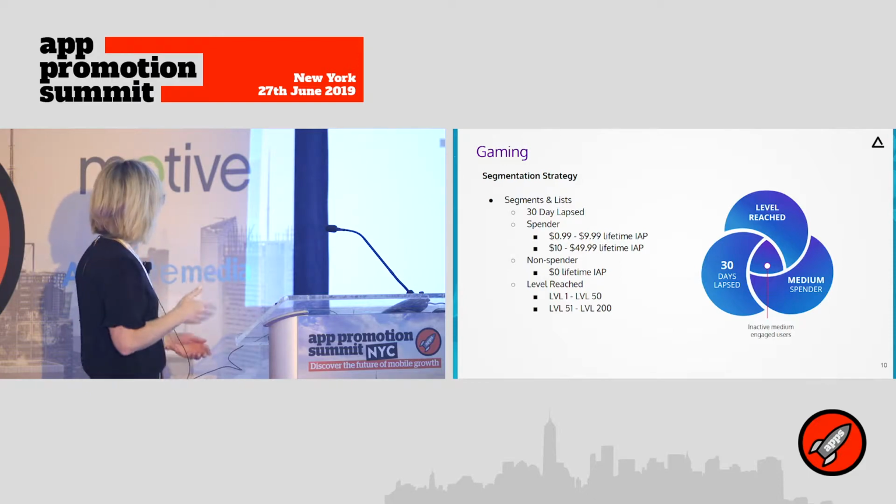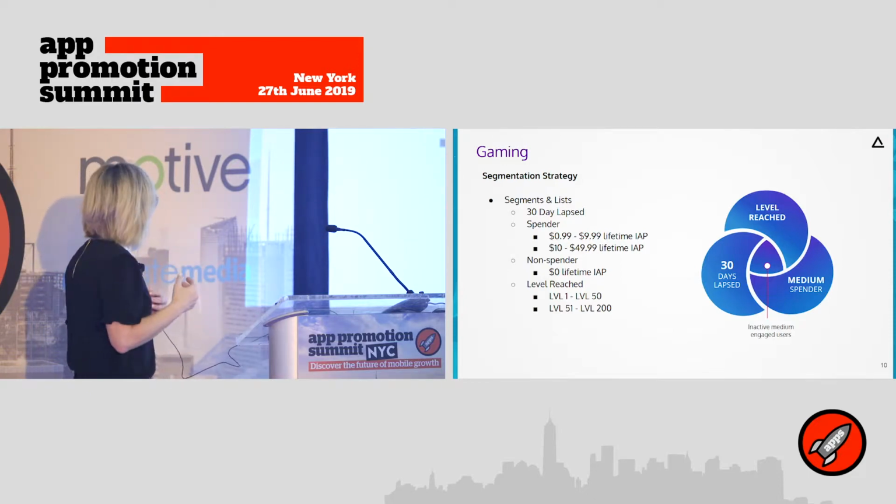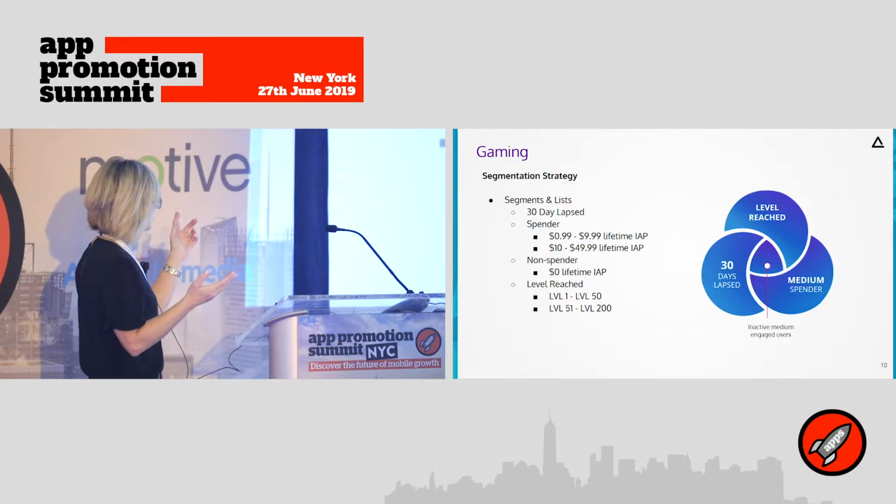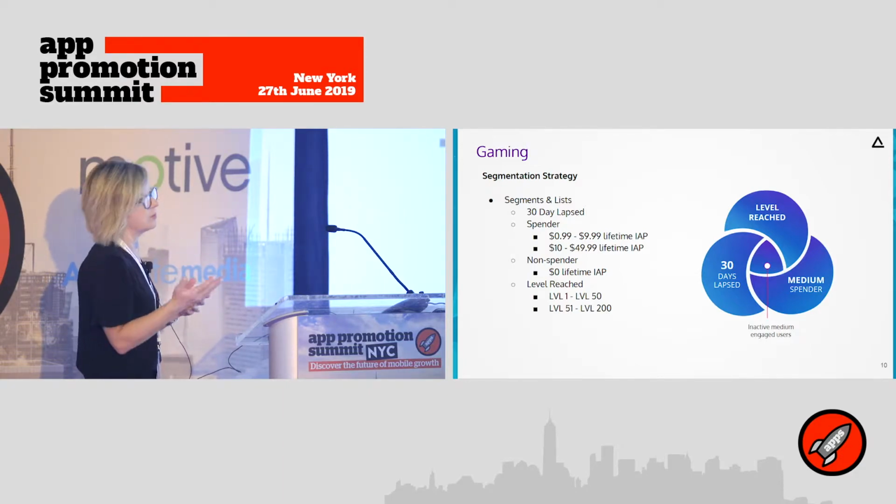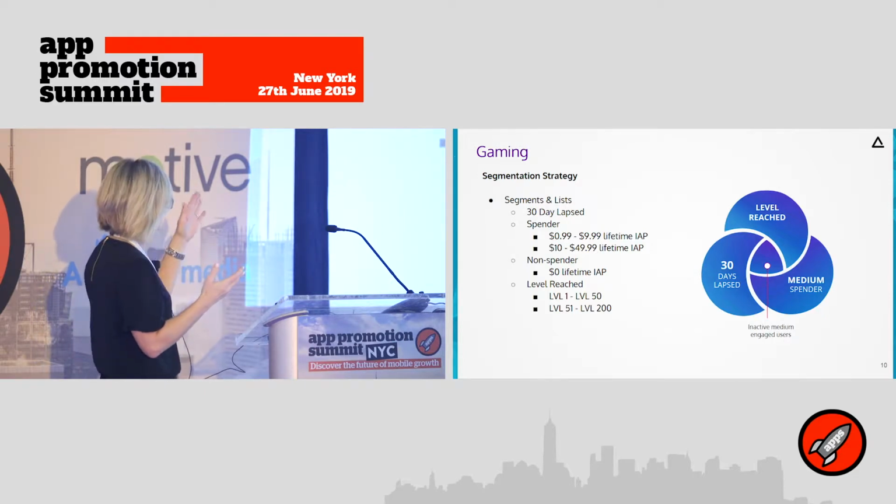I'd be the non-spender. I play a lot of games, I've never spent. So you might want to target them because you want to re-engage them into the app to become a spender. You also can target a level reached user, so a level 1 through 50 or level 51 to 200. Everyone who plays games understands what that is, and so we can create those segments.